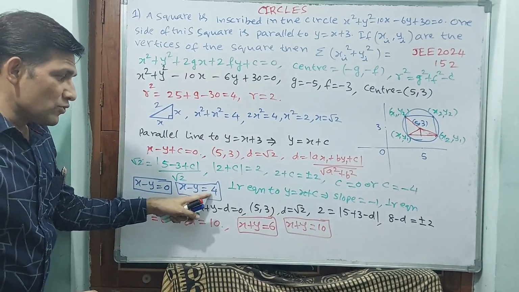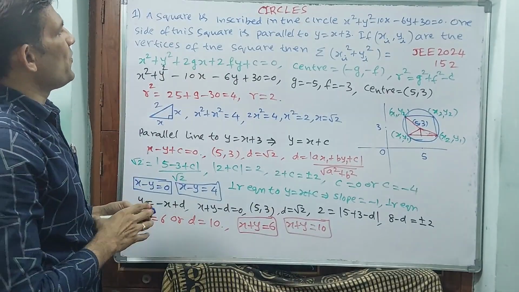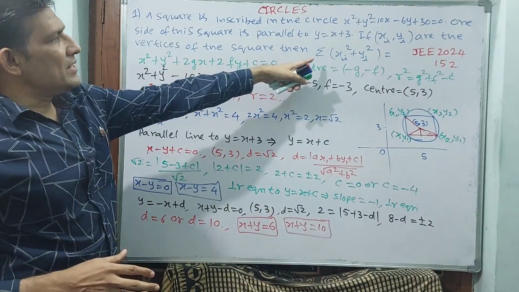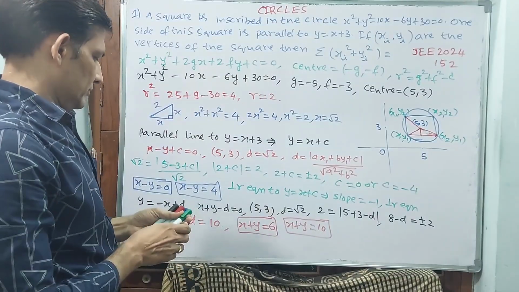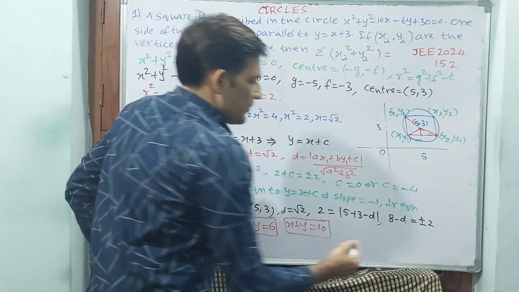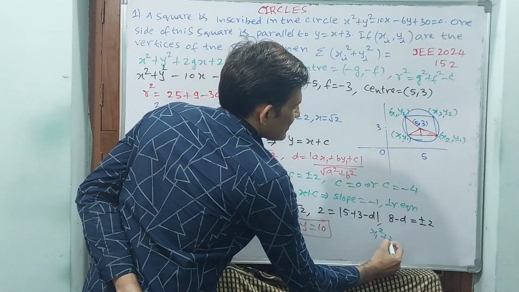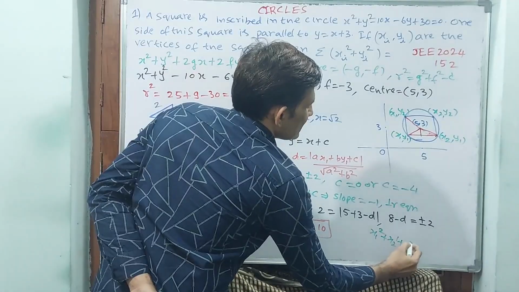x minus y is equal to 4 and x plus y is equal to 6, I will solve first. Okay. See what I do. Sigma xi square. They are asking x1 square plus x2 square plus x3 square.